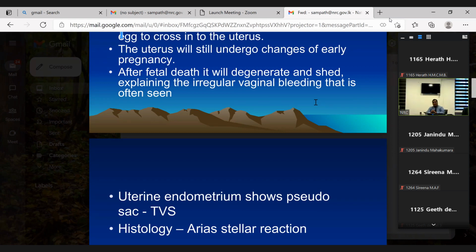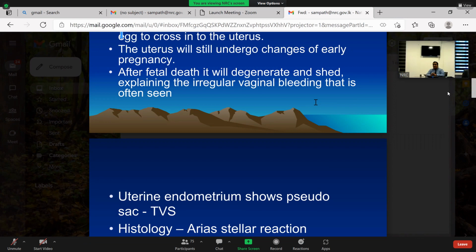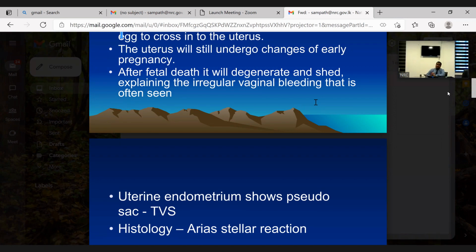And sometimes, rarely, the woman bleeds and you do a D&C thinking it's a miscarriage, and the histology shows the peculiar Arias-Stella reaction. Then you immediately call the patient back and check for an ectopic pregnancy. So it's a retrospective diagnosis. If you see Arias-Stella reaction in the uterine curettings, then think of ectopic pregnancy.